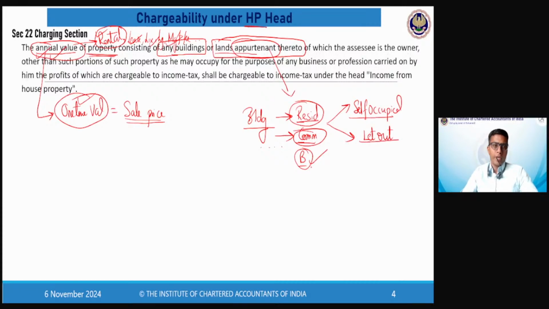Any building of any type put to any use will be covered under this head. Obviously, we have exceptions. I'm coming to exceptions, so that is yet to come. But for the time being, whatever we have discussed, any building, whether residential, commercial, self-occupied, let out, all are covered under HP as of now.